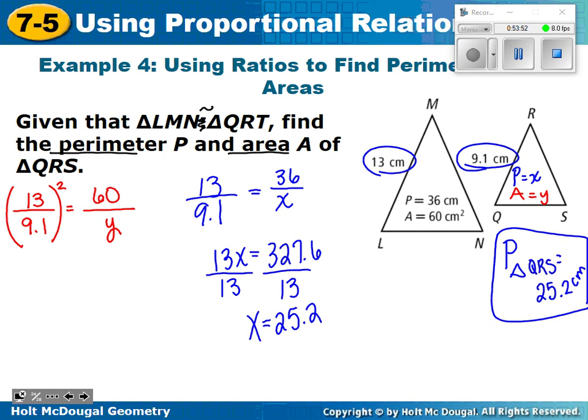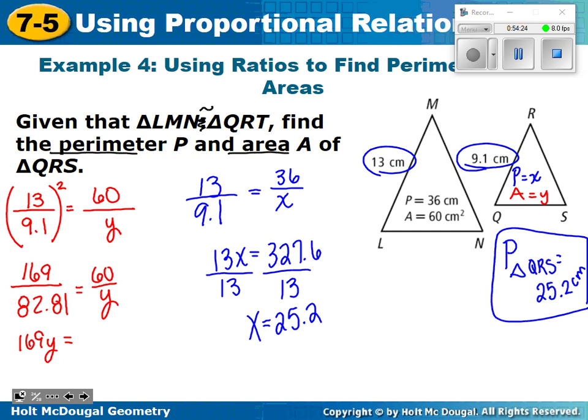Okay, so you're going to square both numbers here. 13 squared I know is 169. What's 9.1 squared? Say it again, Grant. 82.81 equals 60 over y. And then you just cross multiply. So 169y equals 82.81 times 60.